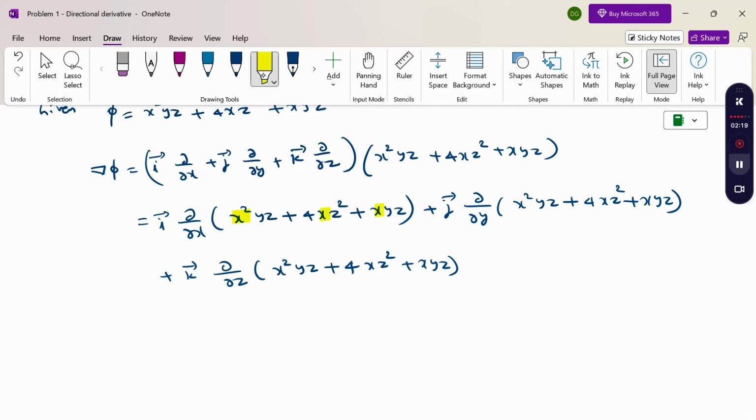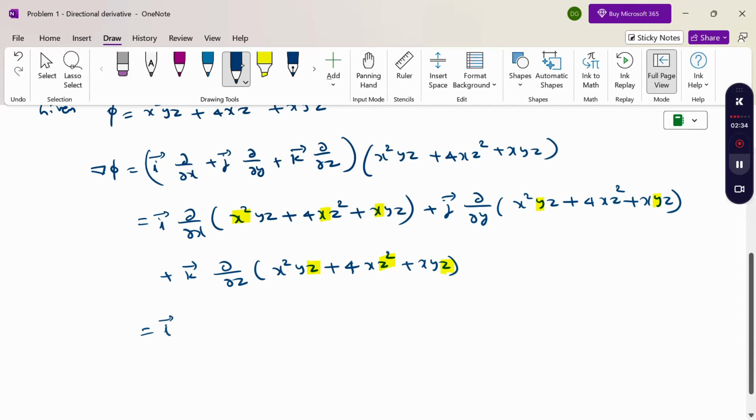Then j vector dou by dou y for the y term, and dou by dou z for the z term. Therefore, for x, the first term has x as the only variable; the other terms are considered constant.